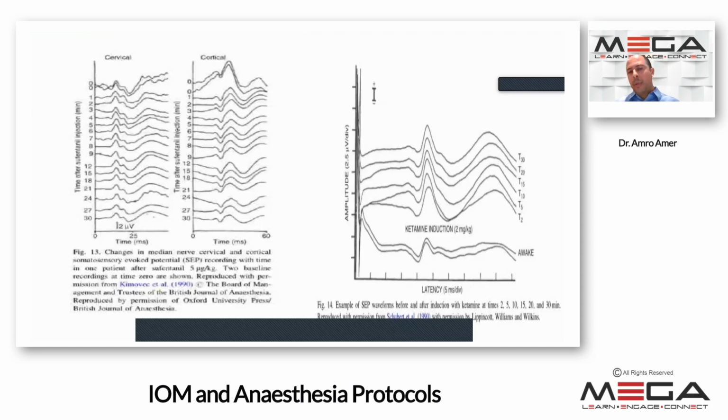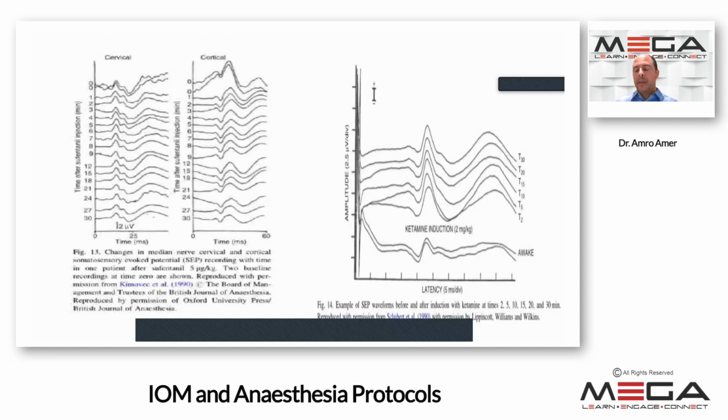On the left side, if you remember, we talked about what's called D wave stimulation. It's the same as motor potential, but instead of recording from the muscles, we record from the spinal cord. It's not affected in any way by using halogens. On the left side, you can see we're using halogens. It has a very mild effect on it.